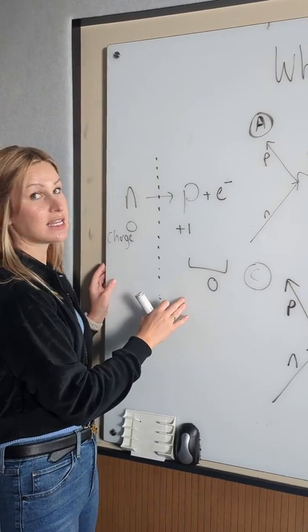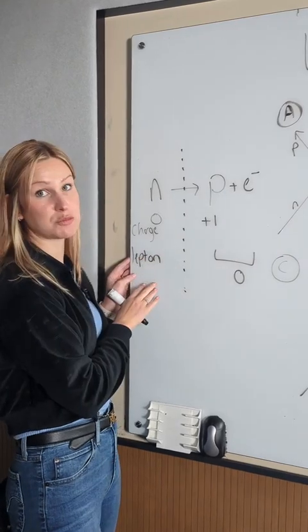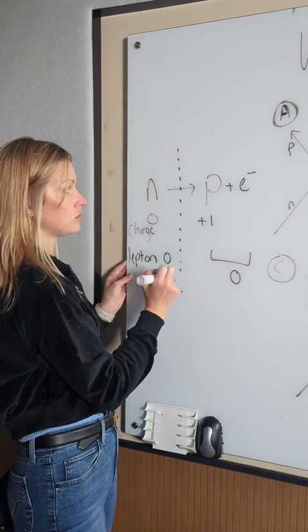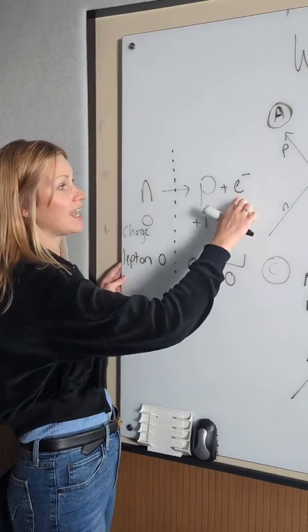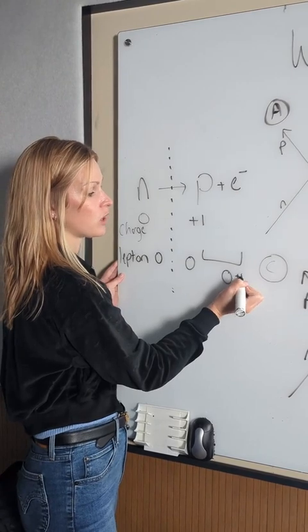Okay, the next thing is I want to look at the lepton number, because I know it also has to be conserved. A neutron is not a lepton, so its lepton number is 0. A proton is not a lepton, so the lepton number is 0. But an electron is a lepton, it is a real particle, so its lepton number is +1.